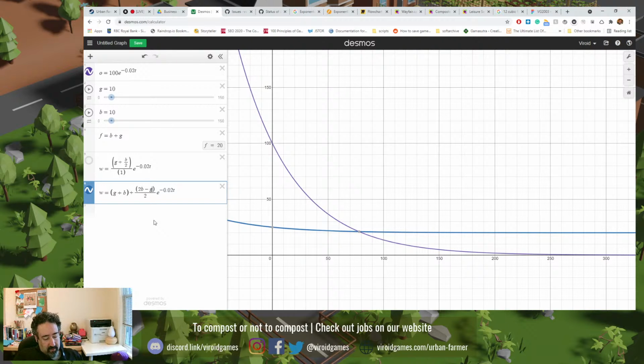But then minus half the G, which is 35, which actually brings it down to 30. Right? 10, 10 is 20. There's 20 from Brown.